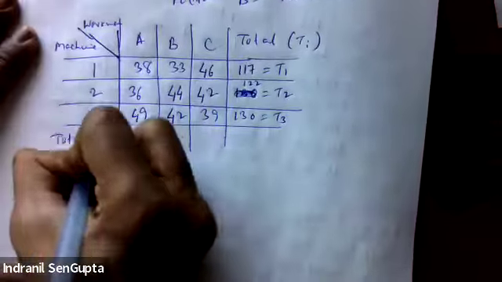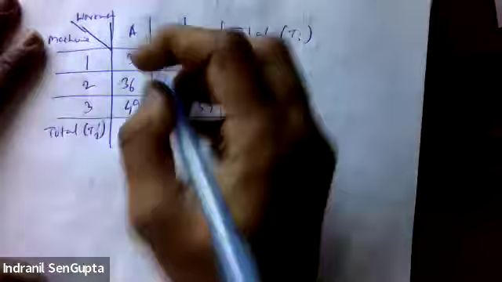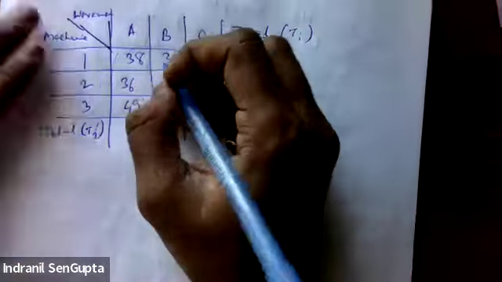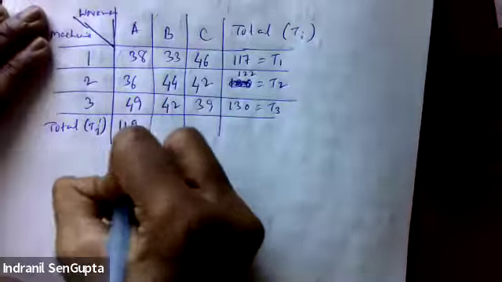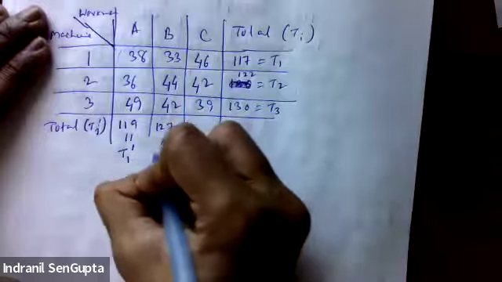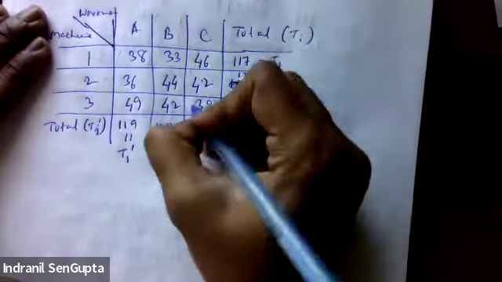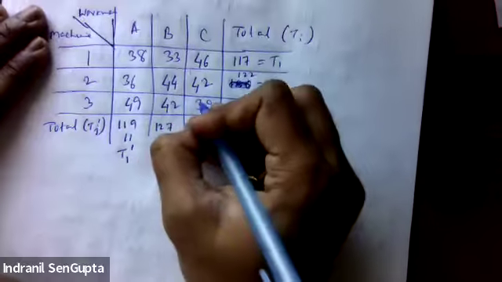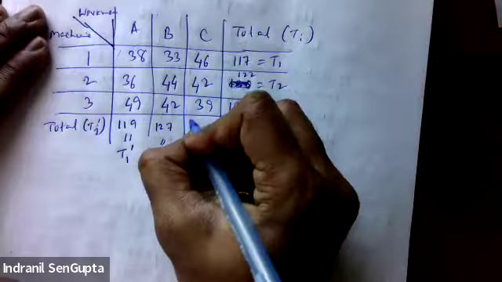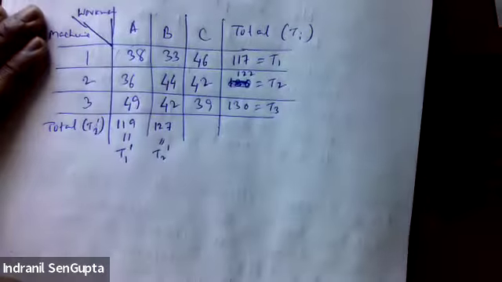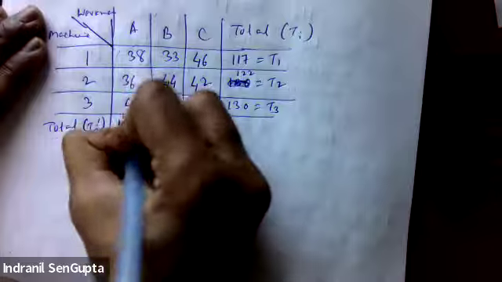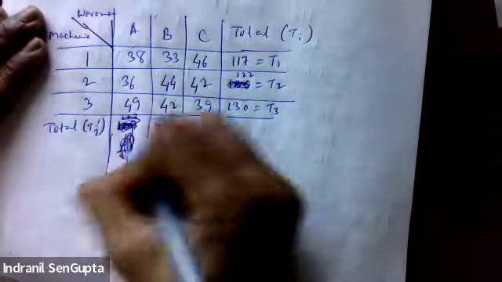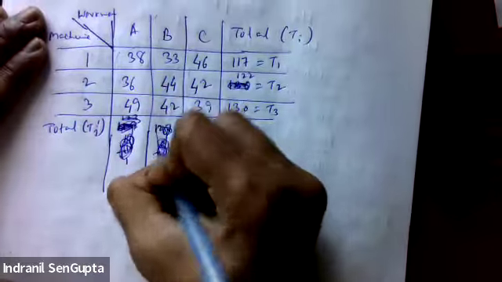Okay, and now what about the others here? So the totals Tj prime. If I add these three, I'll get 119, which is really T1 prime. This number, if I add, it's 127, which is really T2 prime. And if I add these three numbers, sorry, it's 123.